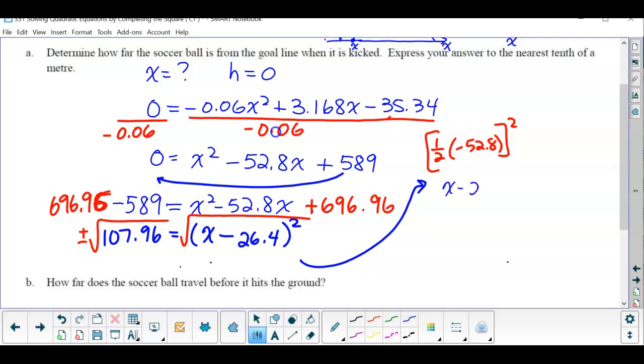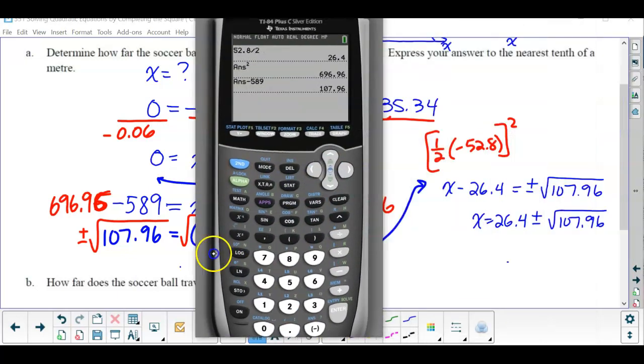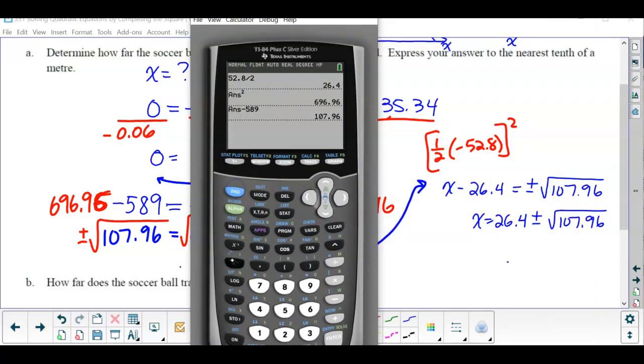So x minus 26.4 equals plus or minus the root of 107.96. I'm going to keep it like that because if it gives me a lot of decimal places, I don't want to be copying them down. So I don't want to write all that out.